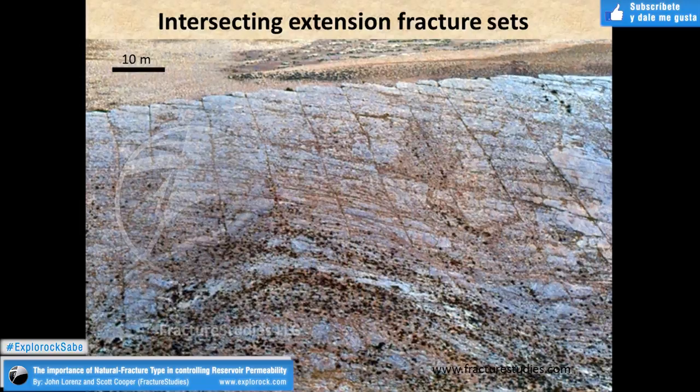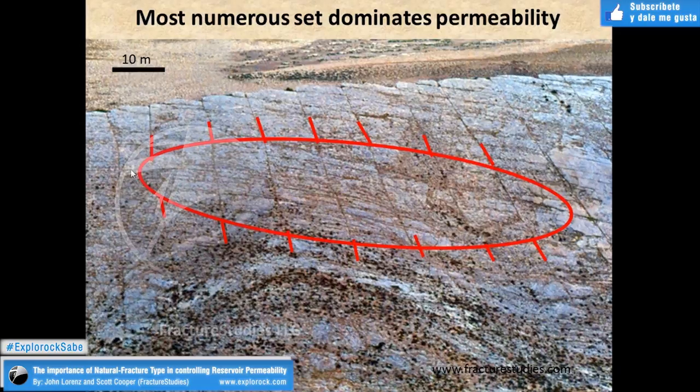Now, there can be implications to this because we have this nice set of fractures that's been moving fluids. Over time, it's quite possible that this closely spaced set of fractures became mineralized.